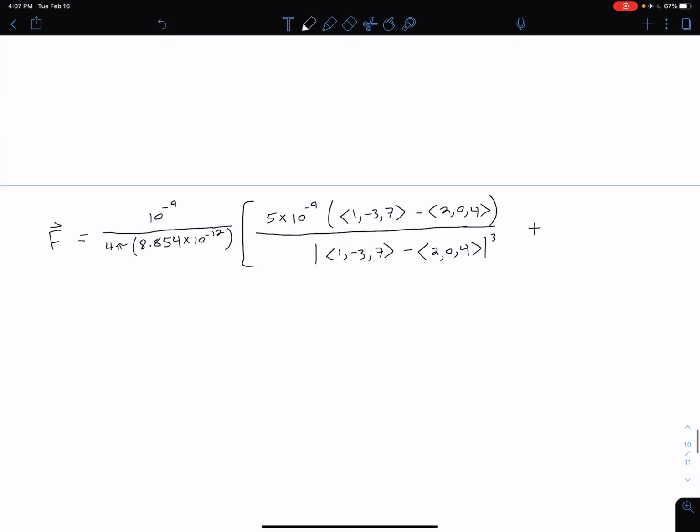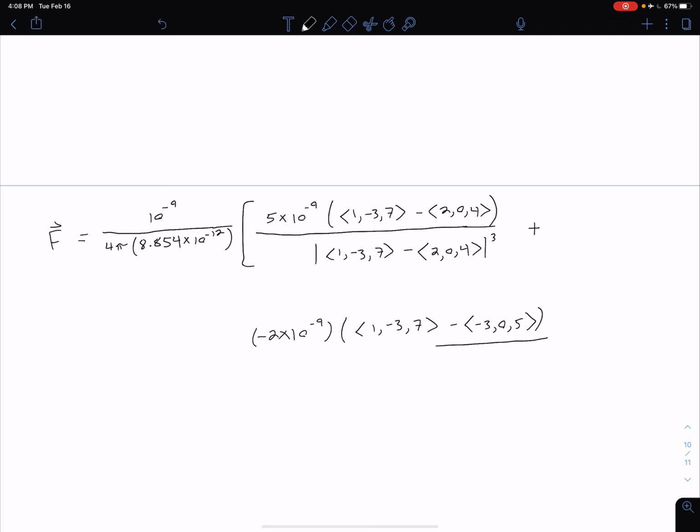So for our Q2, we had a negative 2 nanocoulombs. So again, notice I need to include that negative sign there. And nanocoulombs, so 10 to the minus 9th coulombs. And let me actually move this down a little so we're not mixing that up with the denominator of the above term. So this is going to be multiplied by the vector. So we have R3, which is 1, negative 3, 7, minus negative 3, 0, 5, so our R2.